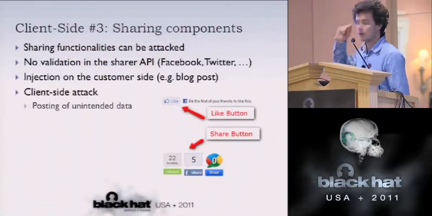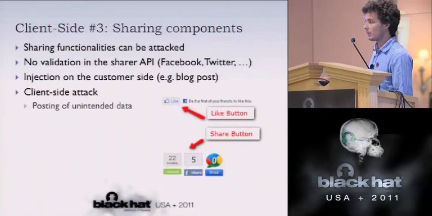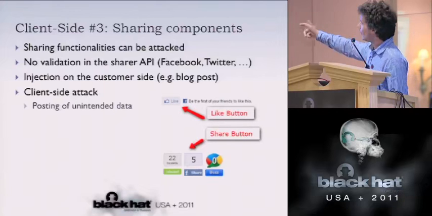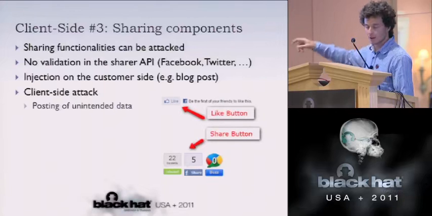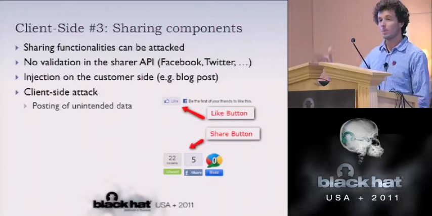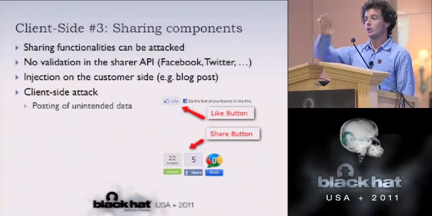In another example, the first example is about a sharing component. Now with Web 2.0, everybody is using the retweet button or the share on LinkedIn or share on Facebook button. These are often used in forums or in blog posts, where you click and your blog gets shared on your profile.